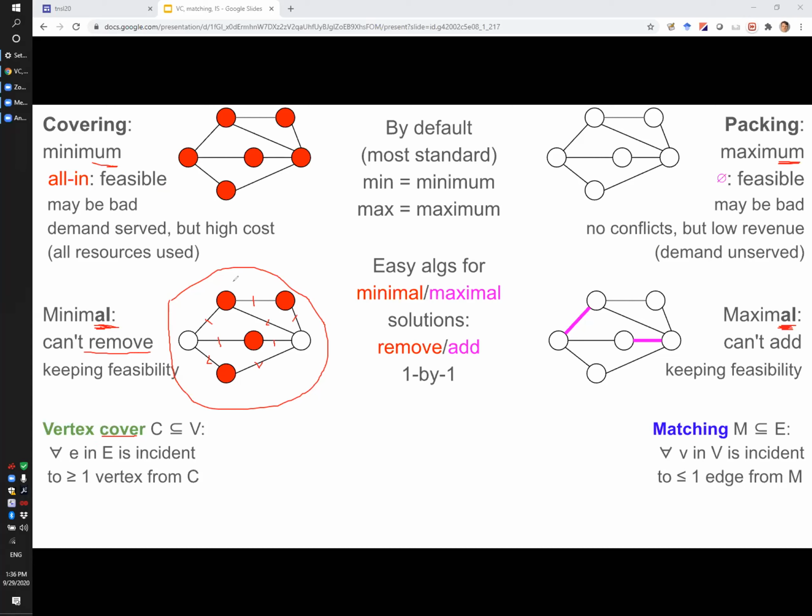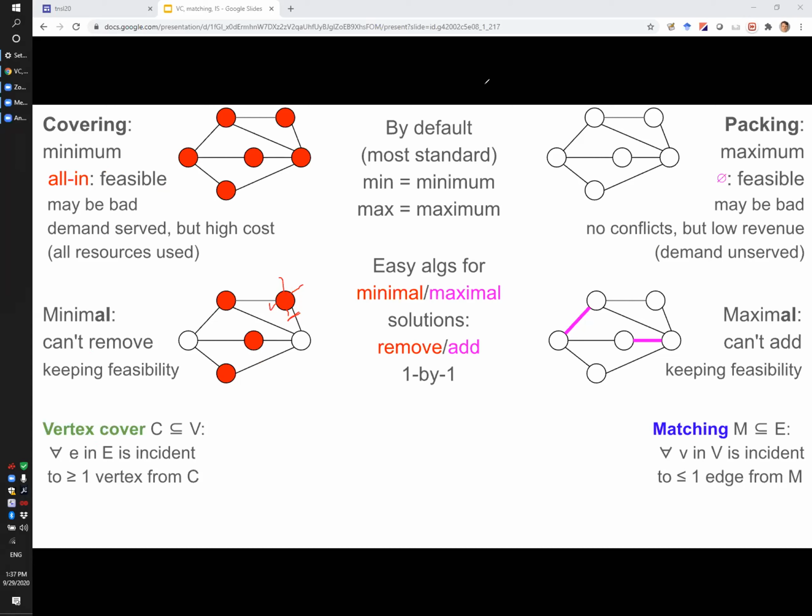And moreover, if you remove any of the vertices from the vertex cover, then you will definitely lose feasibility. Some of the edges will become uncovered. Like if you remove this vertex from the vertex cover, then this edge will become uncovered. So you cannot remove this vertex from the vertex cover. If you remove this vertex, then this edge becomes uncovered.